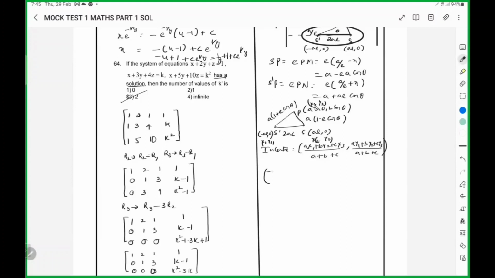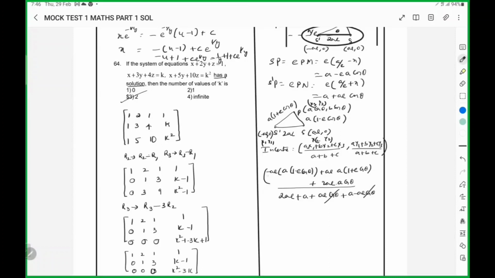The incenter will be minus AE times the opposite side A into 1 minus E cos theta, plus AE times A into 1 plus E cos theta, plus 2AE into A cos theta, divided by the sum of all those: 2AE plus A plus A minus AE cos theta.